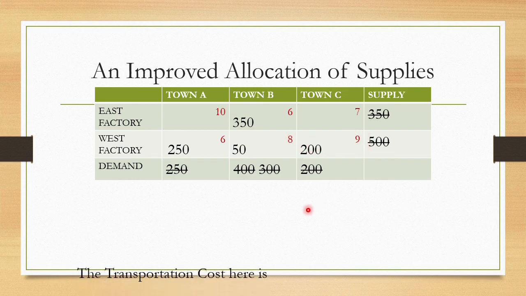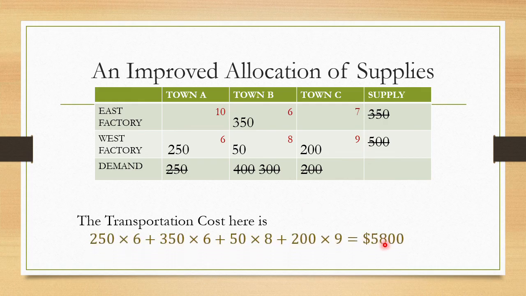So that gives $5,800, which is significantly much lower than the previous transportation cost of $7,300. Now, we have improved our transportation cost using the stepping stone method.